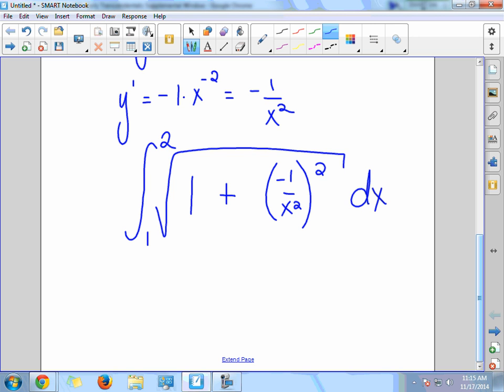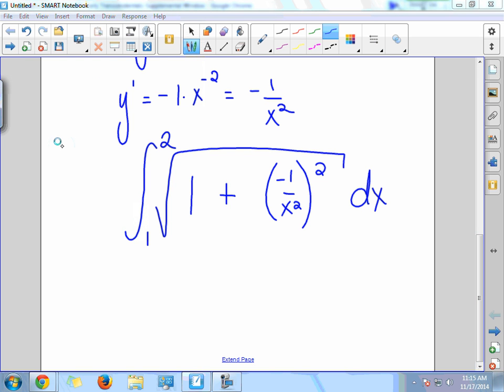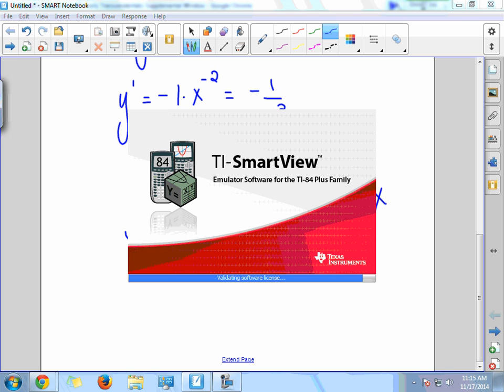I can't easily integrate this function. I guess I could do it by hand, but I'd have to get a common denominator and simplify and so forth. So I'm just going to use Math 9 on the calculator to get the approximation for the arc length.